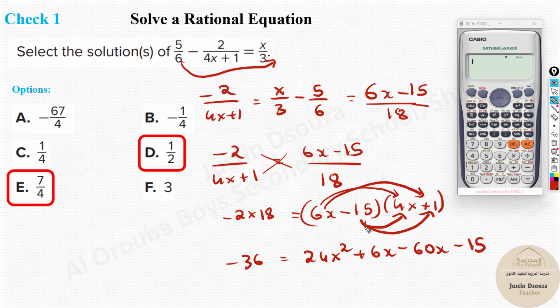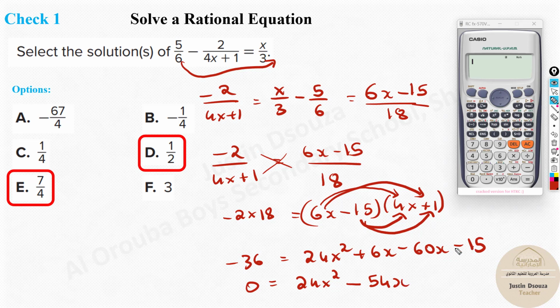Now I need to get them all to one side. So I'll just move this to the other side, okay? So here it will be 0 equals, there is only one x squared term, so it is 24x squared. What else? 60 minus 6. Sorry, this will be minus 54x, because 60 minus 6 is 54, but the negative is bigger.